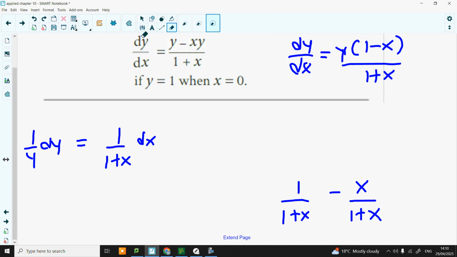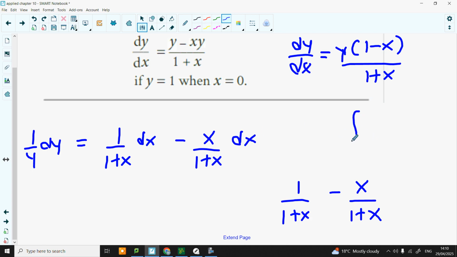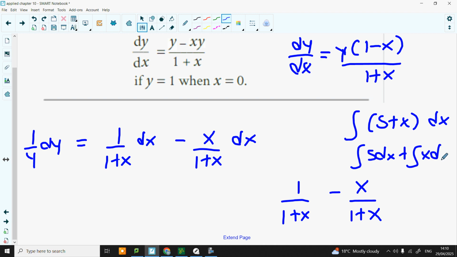And if you're wondering what I'm doing there, imagine I got you to integrate 5 plus x dx. It's the same as integrating 5 dx and integrating x dx. See the way you can do them separately rather than in one go? So I'm going to treat that the same way here.